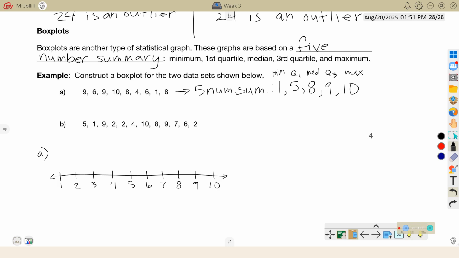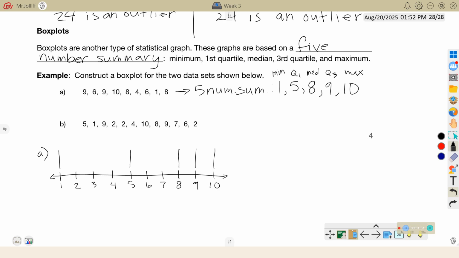Once our number line is drawn, we are going to put 5 hash marks above the number line where our 5 number summary values are. So a hash mark above 1, above 5, above 8, 9, and 10. Approximately the same size, at the same height, uniform across, 5 vertical lines above those numbers.